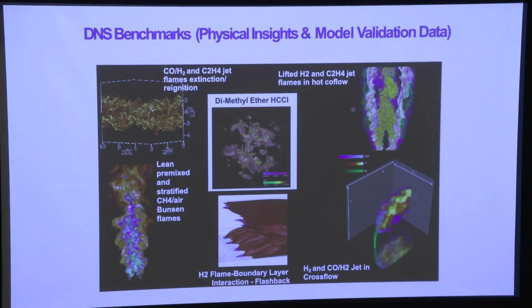I think there have been 20, 30 some DNS data sets from around the world contributed to BlastNet. These data sets have been curated, and metadata about them is saved so that researchers can use them for model validation and training data for deep learning.